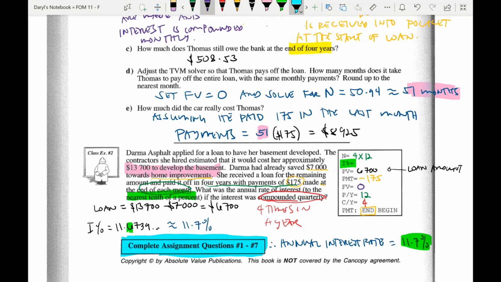The answers in the book are based on the TI-84 TVM calculator. So whatever you get with your TVM calculator should also be the answer in the end of this particular assignment.